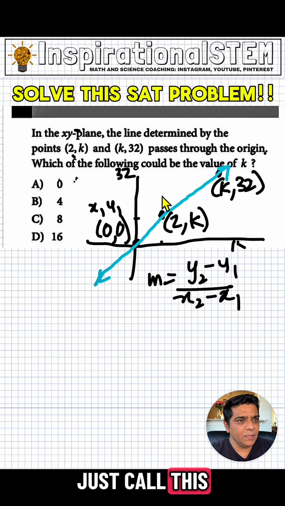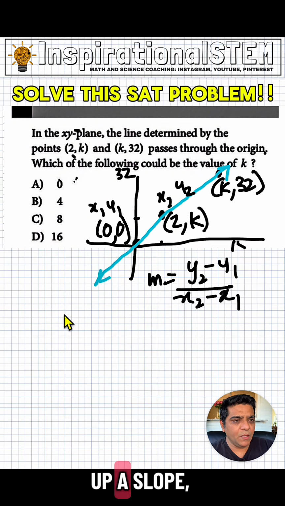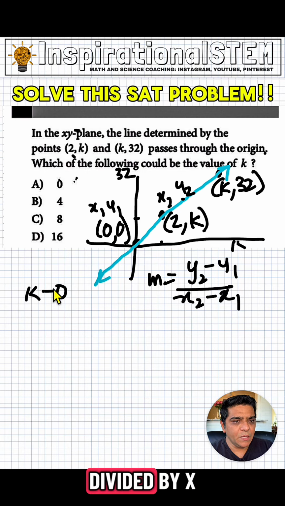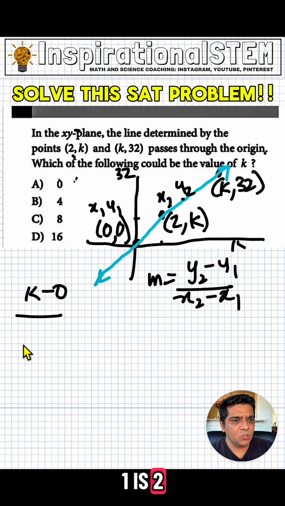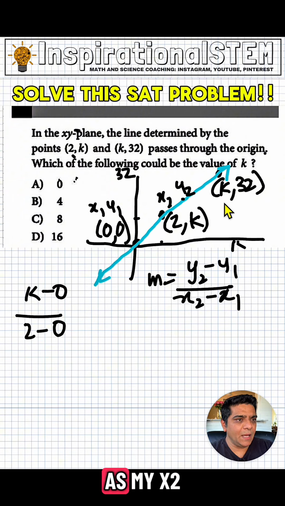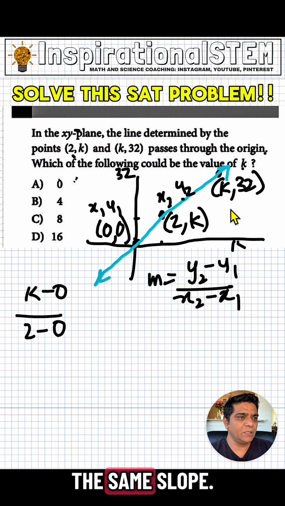Okay, so let's just call this x2, y2 and set up a slope with these 2 points first. So we have y2 minus y1 is k minus 0 divided by x2 minus x1 is 2 minus 0.